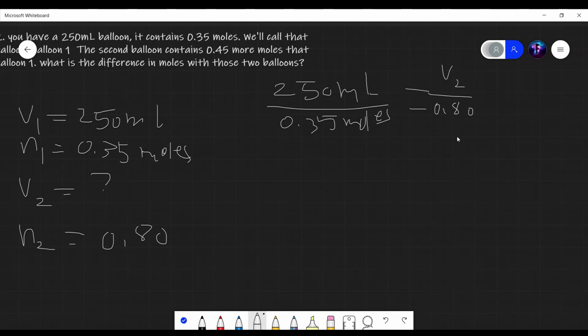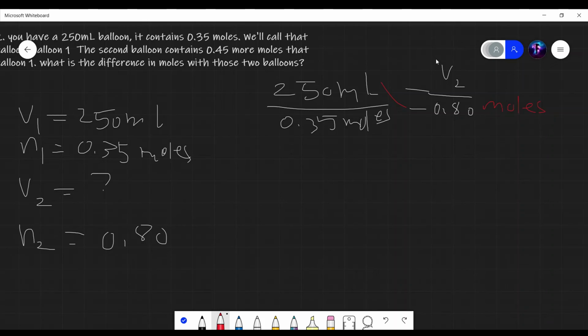Okay, now let's cross multiply this with this and that with that. Let's first start with this one. So I forgot to write moles right here. This is very important. Okay, so let's cross multiply.